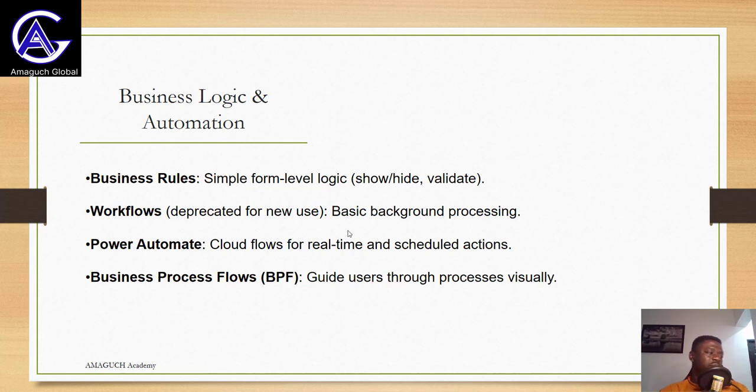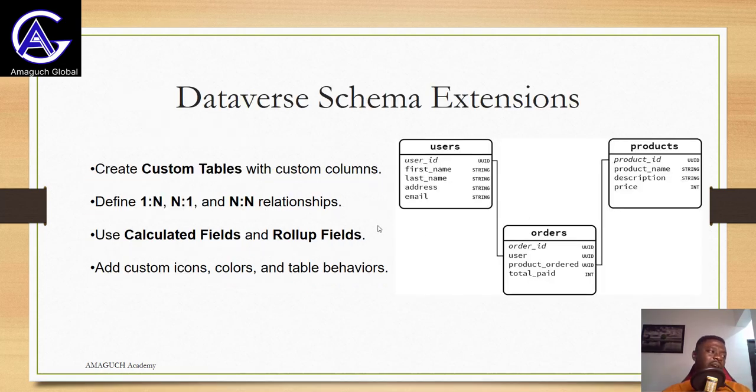Some advanced things you'll be doing will be business rules, like we showed earlier on. Also, you'll be creating workflows, which is deprecated for new use. What usually is available now is Power Automate or the process. Also, you have the business process flow, like we showed earlier on. All those are things you bring together on an advanced level to bring to light what the customer might want. There are other things you also need to take note of at the advanced level.